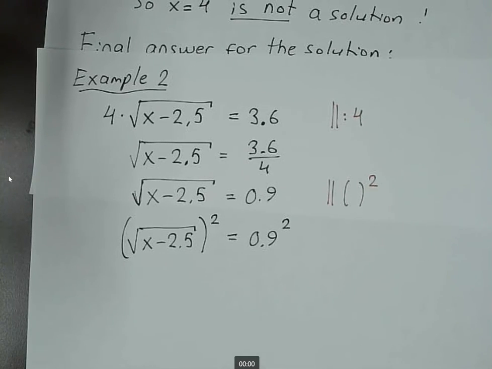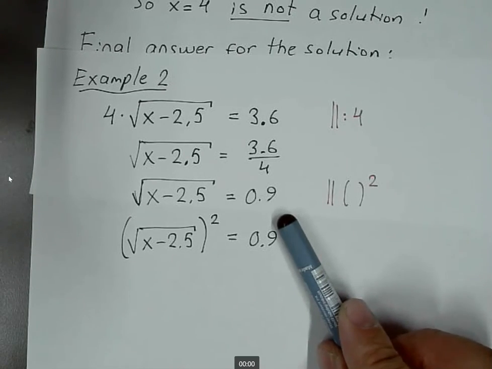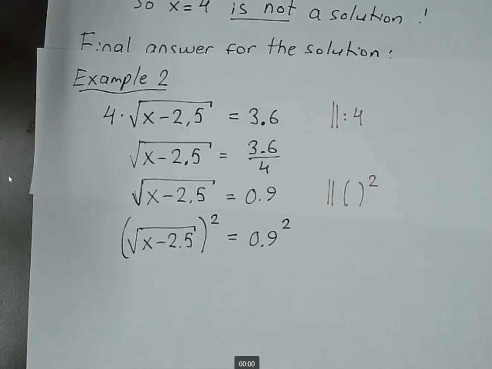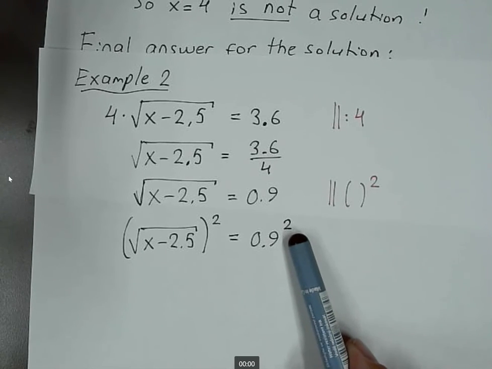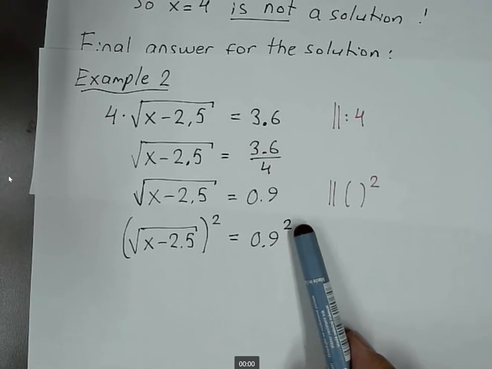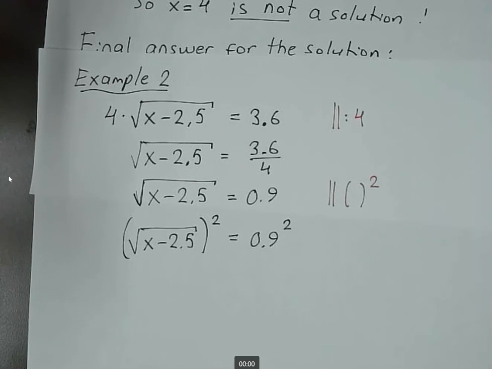I think when I have checked students' solutions in this kind of problems many times, and I think myself also, if I make an error in this solution, I many times may forget to raise the right hand side to the power of 2, so you have to be careful. Many times you may have in the paper the exponent or power there, but when we check the next step, we see that we have forgotten to do that raising.